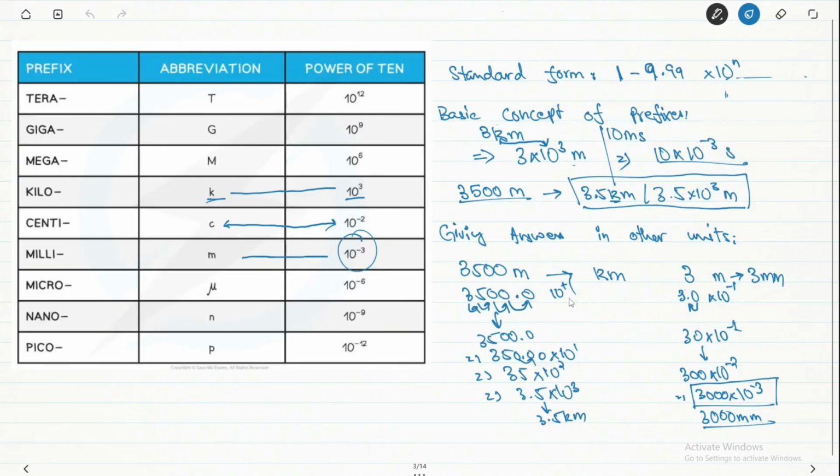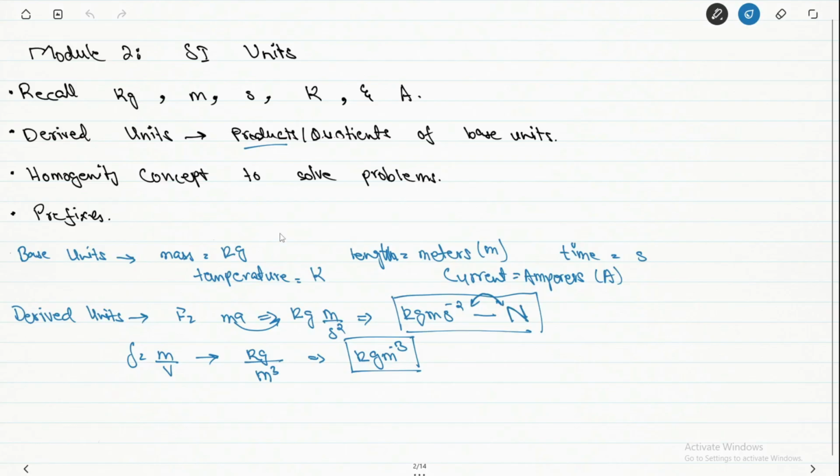Knowing when to add the power of 10 and when to subtract the power of 10, that's important. Standard form is obviously important because your answers will always be in standard form, and so are the basic concepts of base units and derived units. And now we're done with this module.